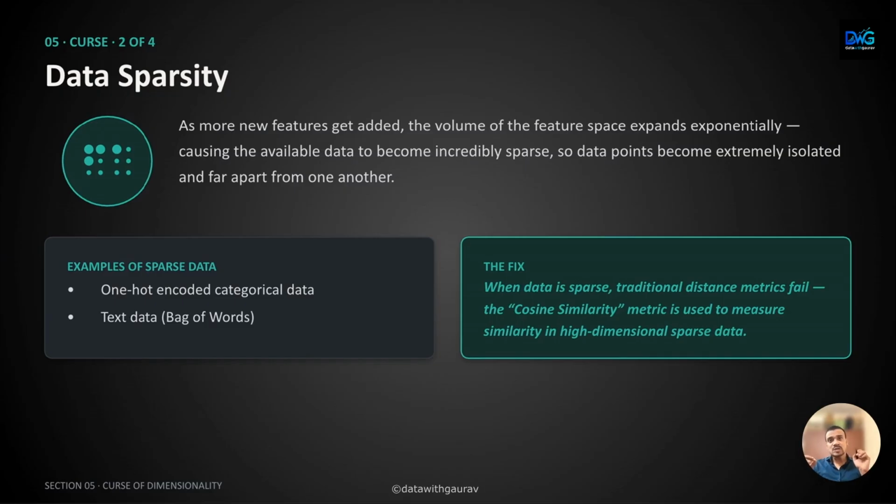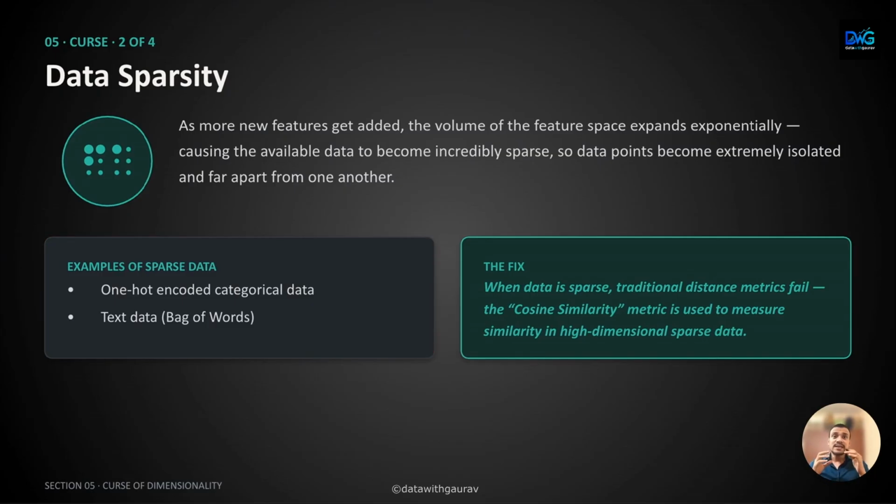This kind of sparse data is actually very common in machine learning. One example is one hot encoded categorical data. If a categorical variable has hundreds or thousands of possible categories, one hot encoding creates hundreds or thousands of binary features where most values are zeros, or empty.